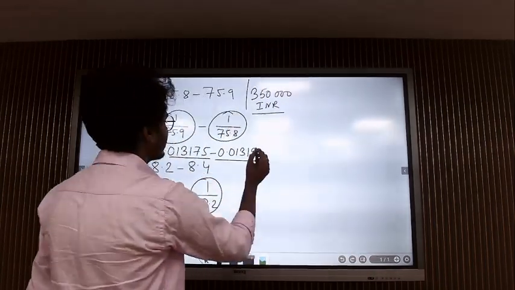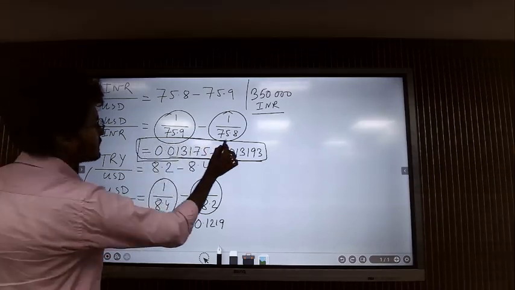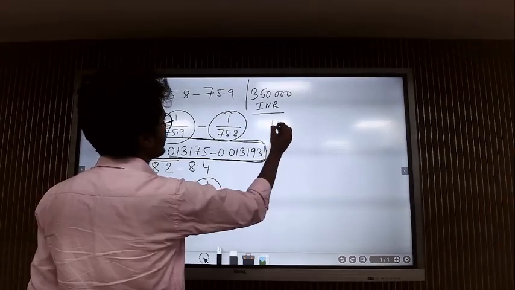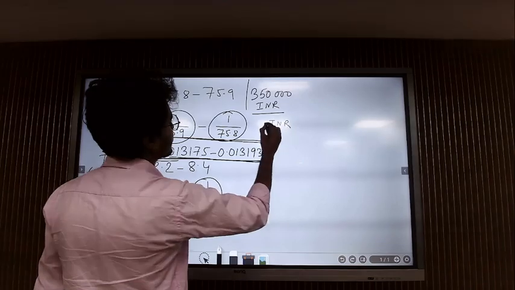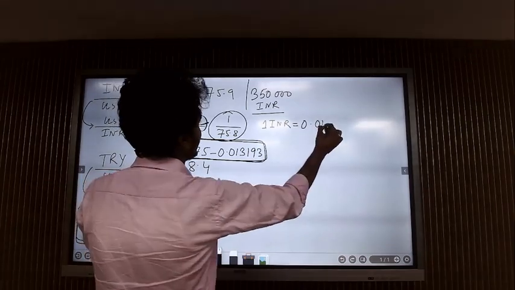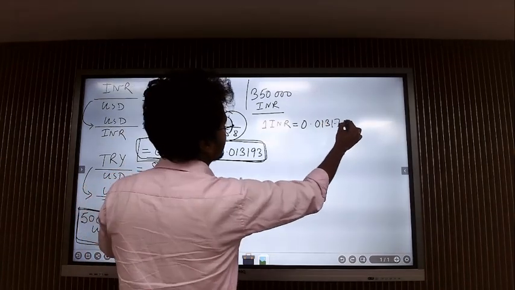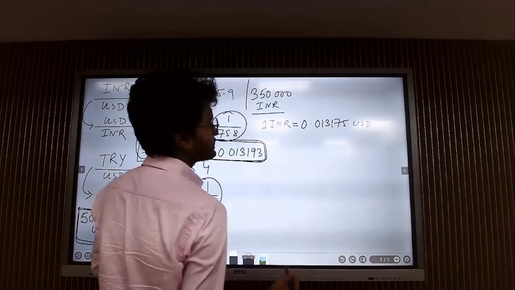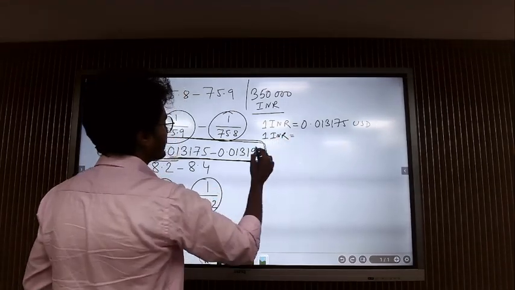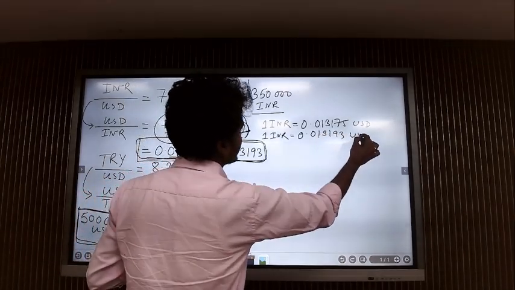So in this, if we consider this rate, the bid price is 1 INR equal to 0.013175 USD and 1 INR equal to 0.013193 USD.